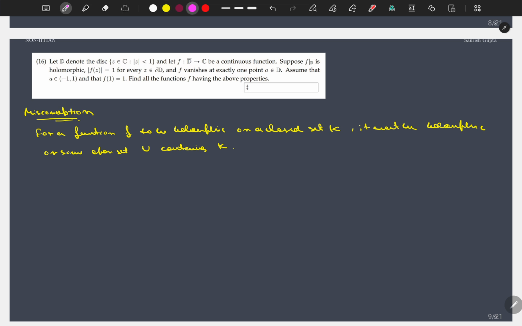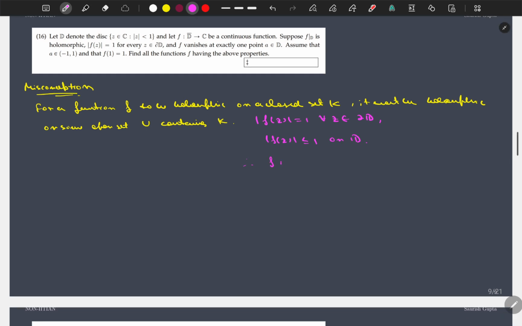Nevertheless, we do not require f to be holomorphic on the closed set D closure, but something which I can see from here clearly is that by the maximum modulus principle, since modulus of f(z) is equal to 1 for all z on the boundary, modulus of f(z) must be less than or equal to 1 on D, right?